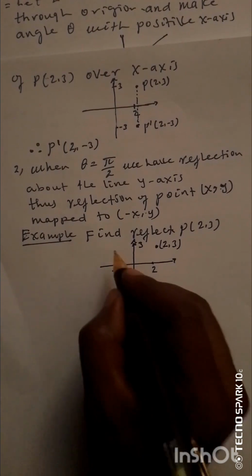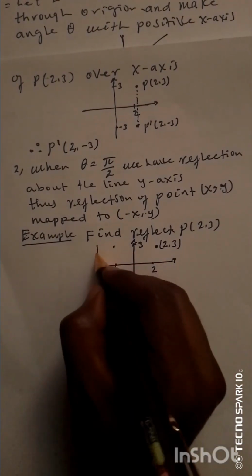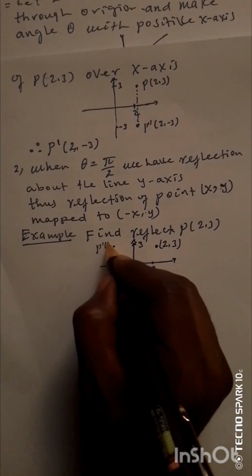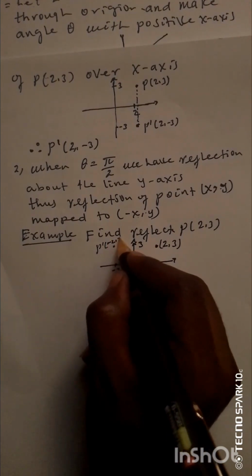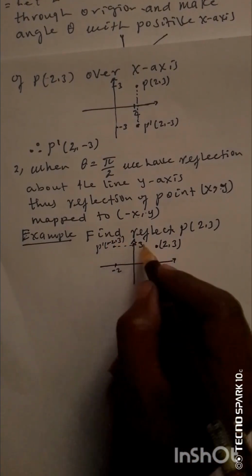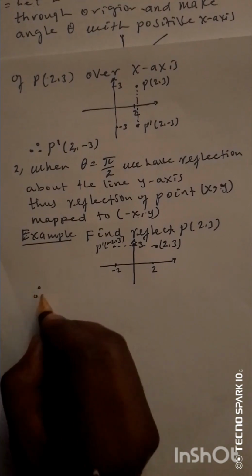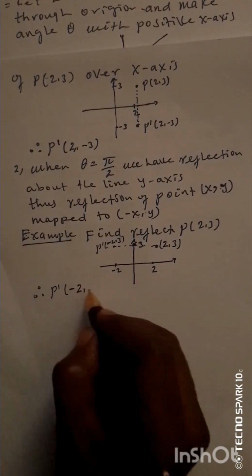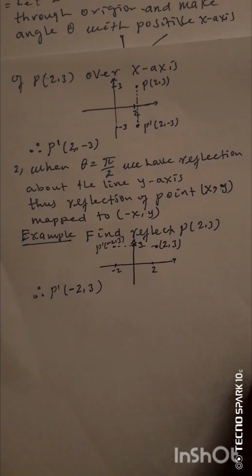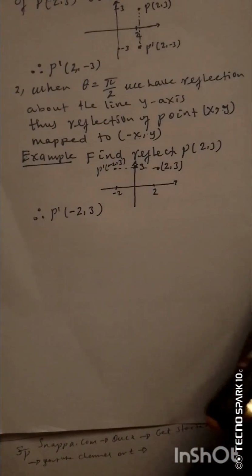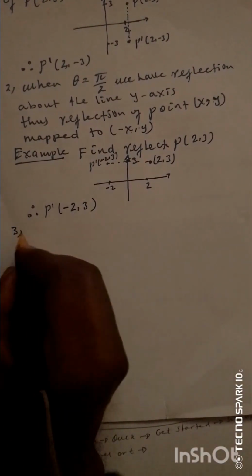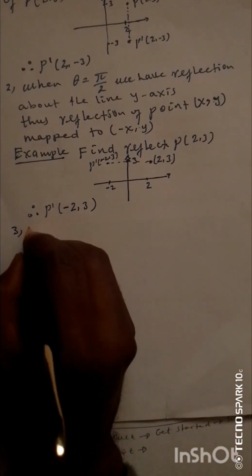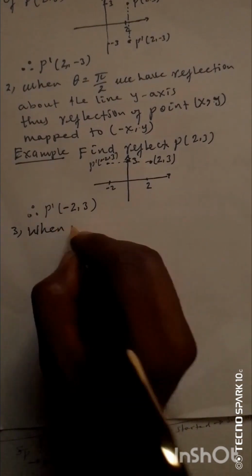So the image of P is mapped to the second quadrant, that is minus 2, 3. Therefore we conclude here the image P prime became minus 2, 3, because theta is pi over 2. Then the image is in the second quadrant.